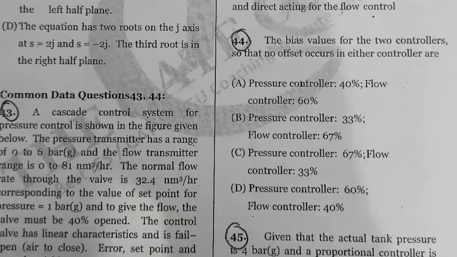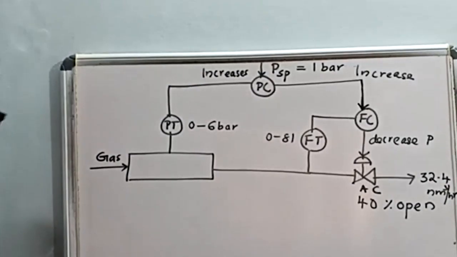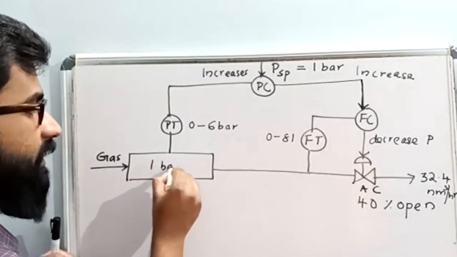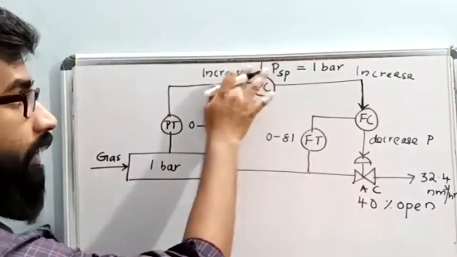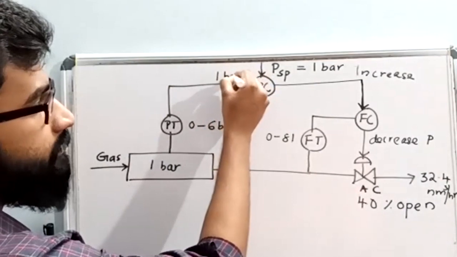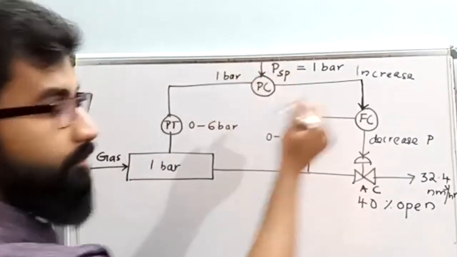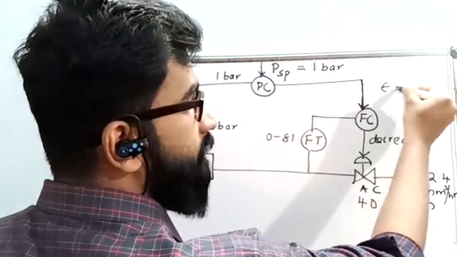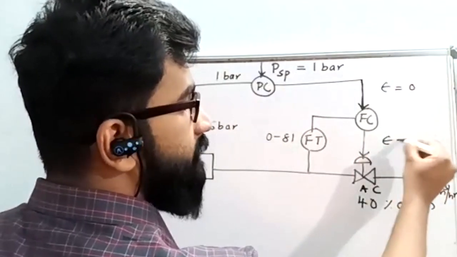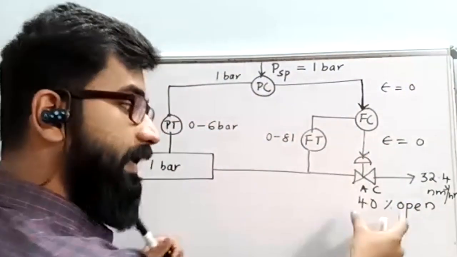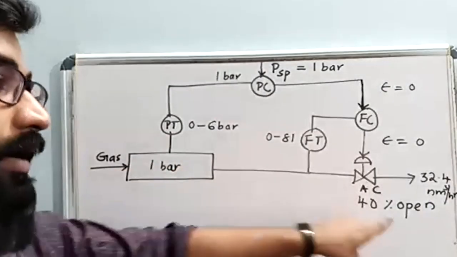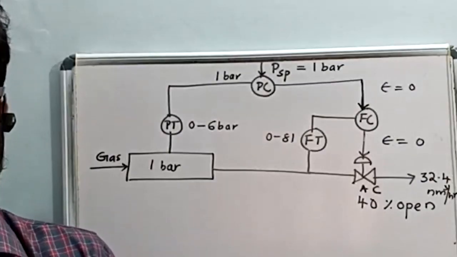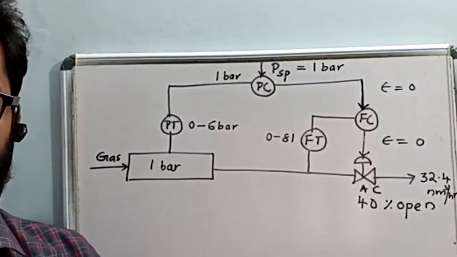That is, when your set point is 1 bar, if I keep my pressure at 1 bar, it will measure and give 1 bar. So the set point is 1 bar and here the error will be 0. And he will tell it, keep the valve open for 40%. So when the pressure here is 1 bar, your valve is open for 40%. Clear? This is the idea.